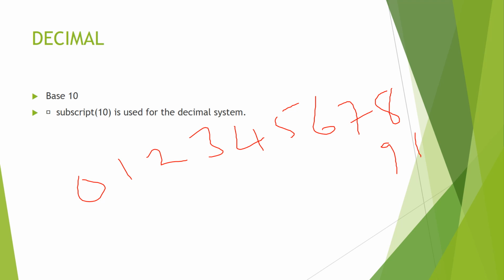And in everyday counting, remember, we engage these numbers. For example, if you want to write a number like 36, you need to combine 3 and 6. If you want to write a number like 54, you need to combine 5 and 4, meaning that there is no other digit above 9 that we are using.